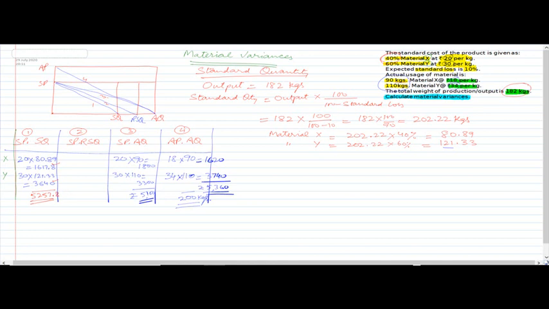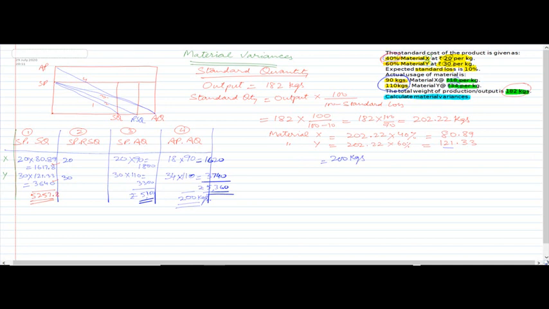Now the second calculation is remaining. Standard price is 20 and 30 respectively. So far as revised quantity is concerned, the total weight of actual usage is to be taken, which is to be 200 kgs.